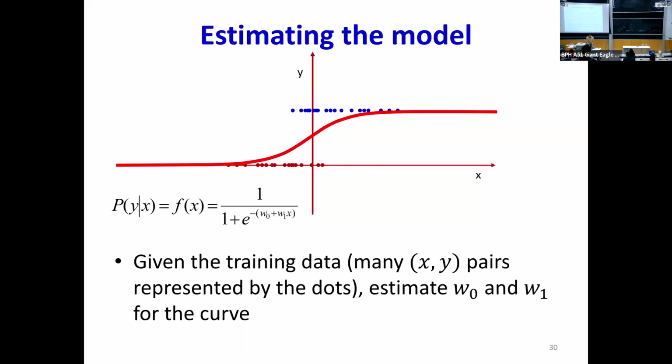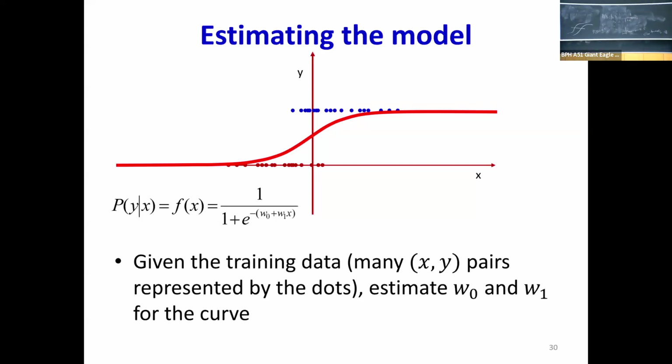Sorry for going off here. I have P of y equals 1 given x is 1 over 1 plus e raised to minus w0 plus w1 x. So what is P of y equals 0 in this case?